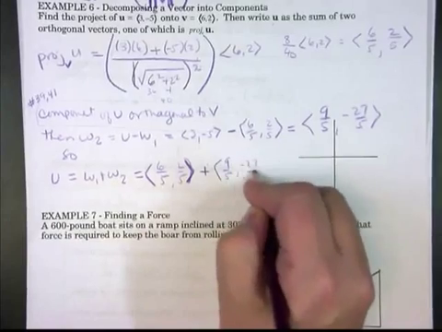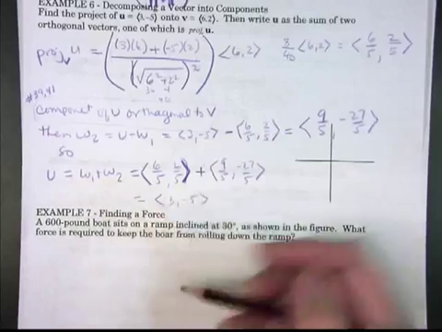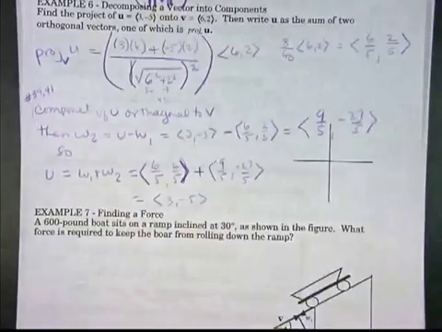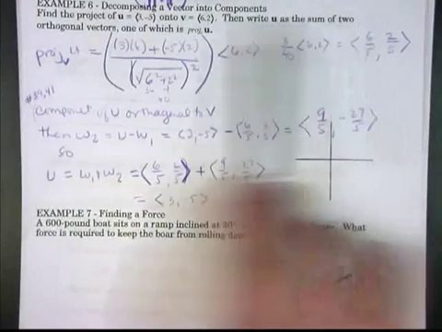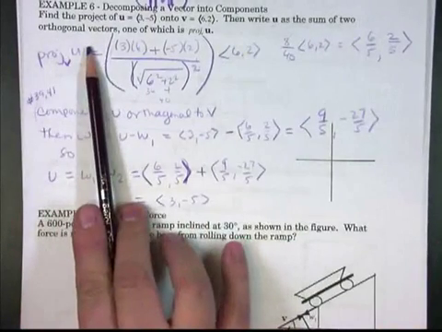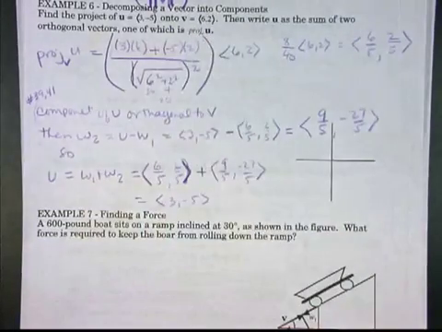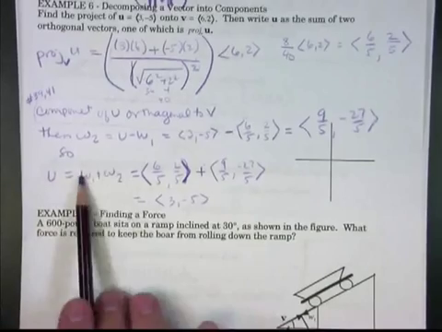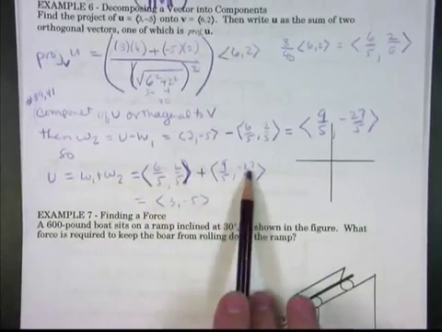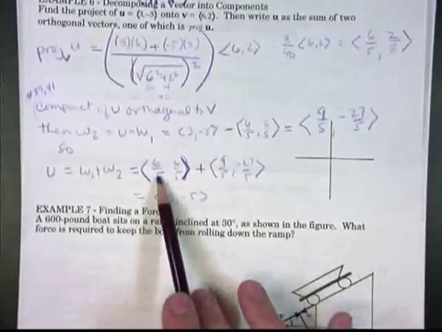If you put that together, you get 3, negative 5, which is exactly what we started with. So we write u as the sum of two orthogonal vectors, one of which is the projection of u.